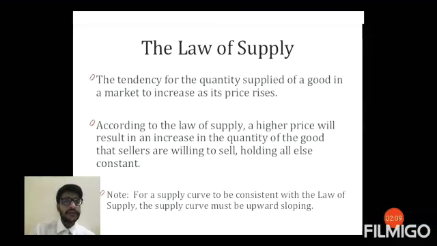The trend is for the quantity supplied of the good in the market to increase as the price rises. According to the law of supply, a higher price will result in an increase in the quantity of goods sellers are willing to sell, all else constant. Note that the supply curve must be upward sloping.